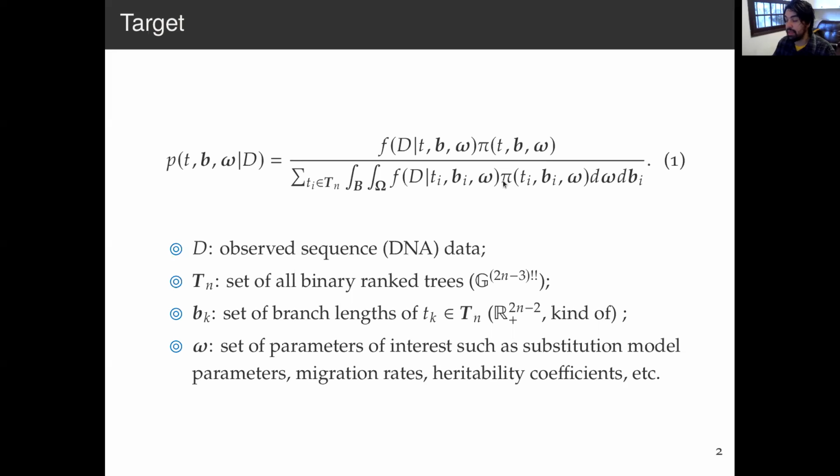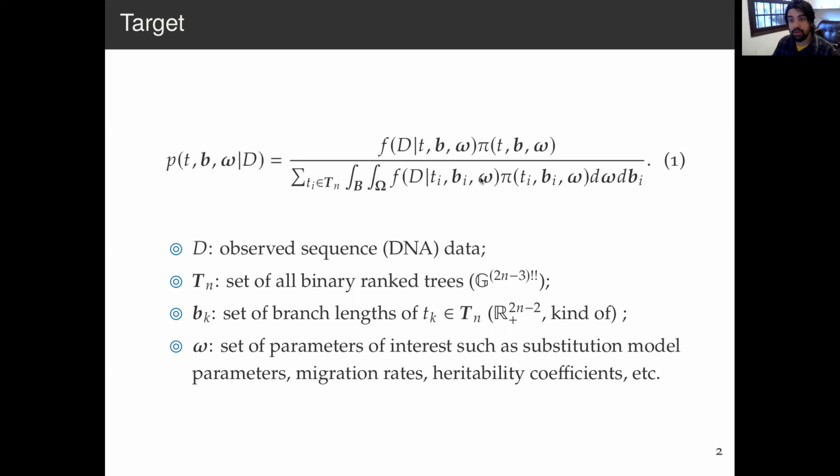So here I've written the phylogenetic target distribution, so we can have a little look at what it looks like and what the complexity is. So here, B is the branch lengths, which is a fixed, potentially high dimensional vector. Omega are a bunch of parameters of interest like mutation rates, migration rates, population sizes, all sorts of things that we would like to know from genetic data by conditioning on the phylogeny. And T here is the topologies, the branching order that I showed you before.